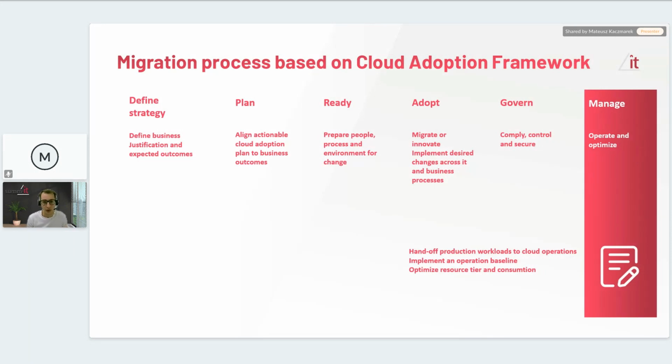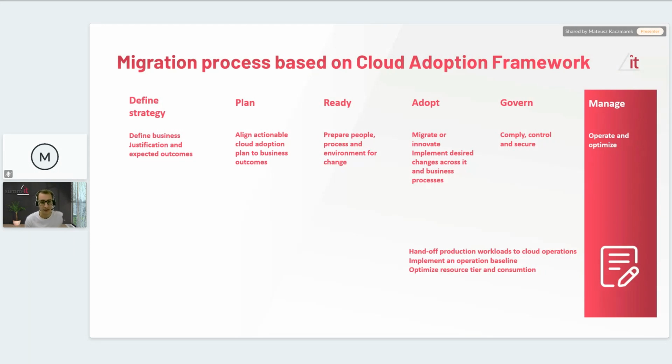Next, we want to focus on optimization. The beauty of the cloud is flexibility. So we should regularly assess whether we are using our resources effectively or not. Are there any underutilized instances? Can we downsize them or not?